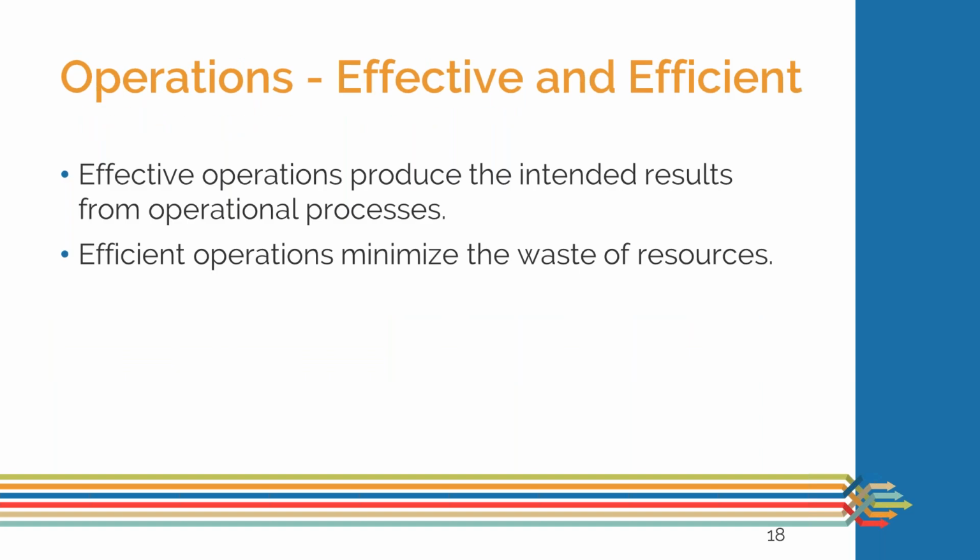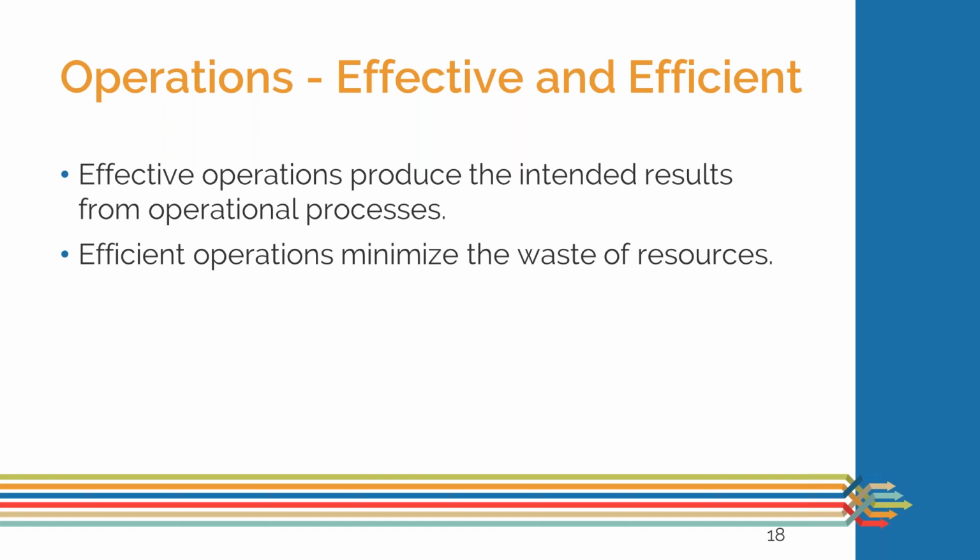Operations. Basically, with operations, you're looking to make sure that the operations are effective in the process and that they're efficient, so that you don't have as much waste of your resources. This part could be how you set up your operations. Policies and procedures would be one thing, so that if you have redundant processes, that's okay if you can document why you may want a redundant process to control something that you may not have enough staff to control.